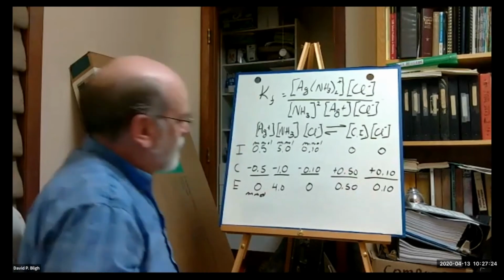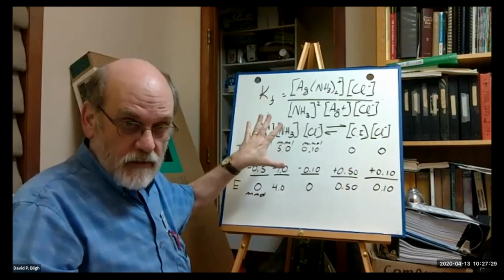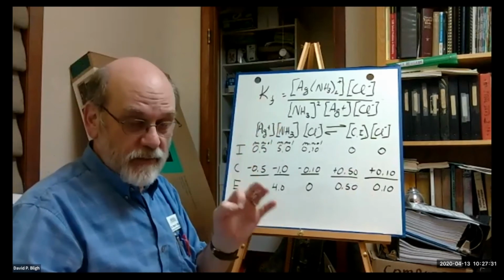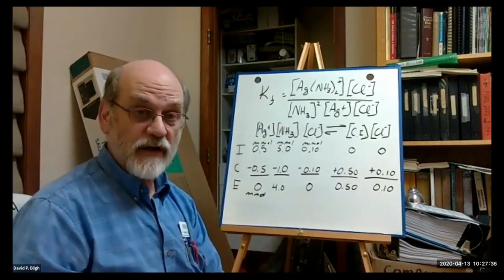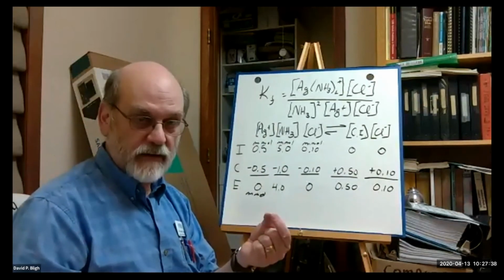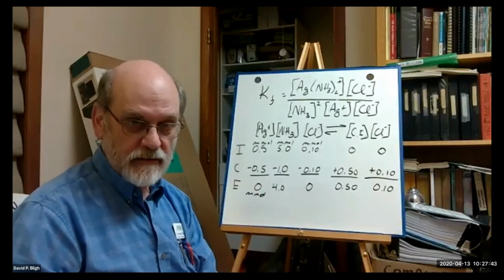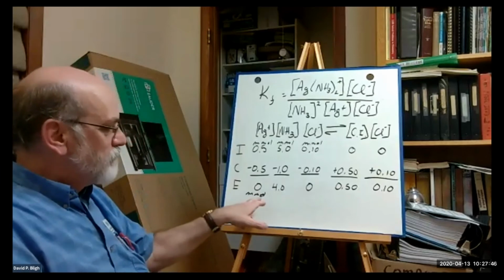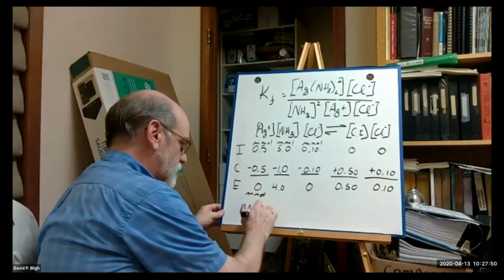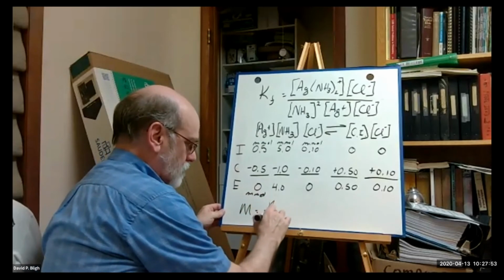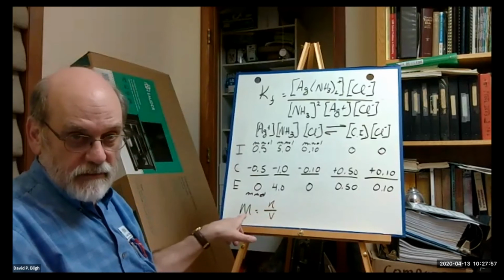All right. Remember that in this scenario, we had 100 milliliters from the volumetric flask, plus we added potassium chloride solution to the amount of 1 milliliter. So the total volume is 101 milliliters. Now, if you divide moles by liters, you get molarity.